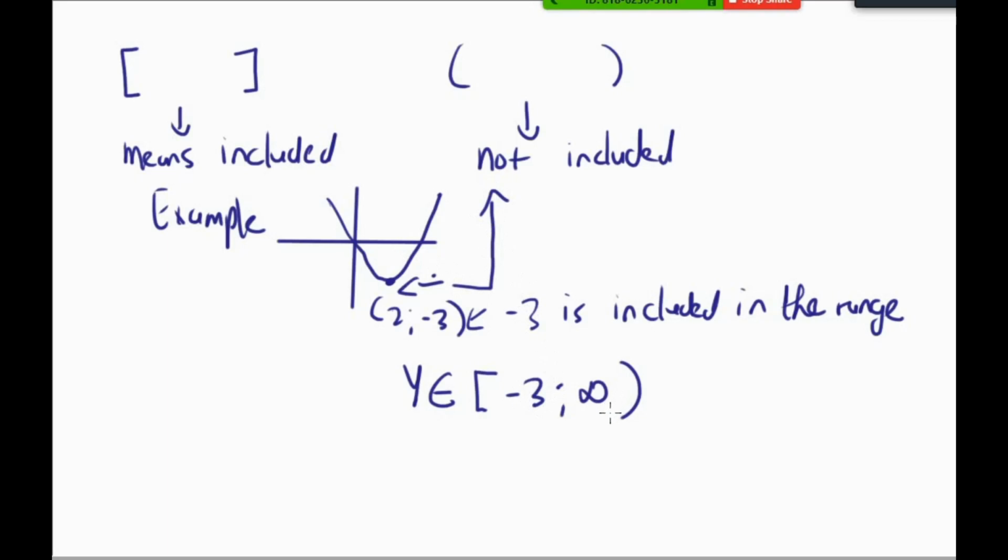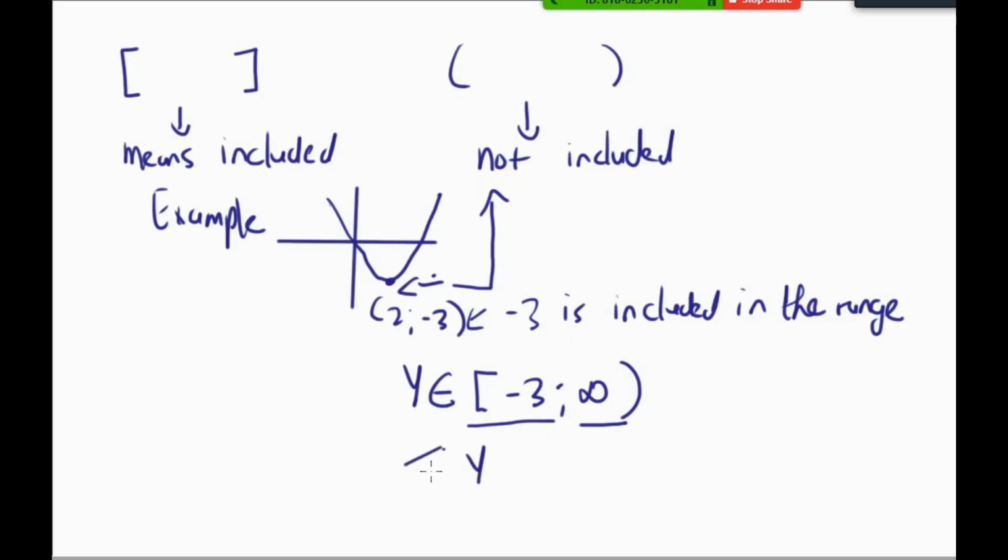So the two ways in which I can display this: I can say that y is an element of square bracket -3, and the square bracket and -3 applies to that first value over there, and then it goes to infinity. Okay, but this doesn't mean x and y now. This is just referring to y. And then the other thing is, I could have written it like this.